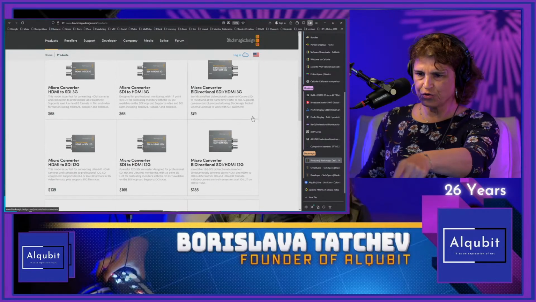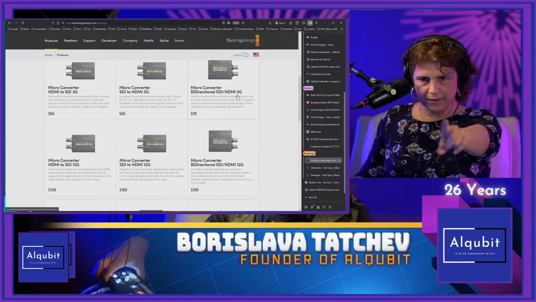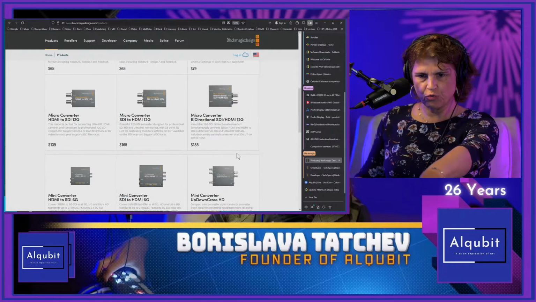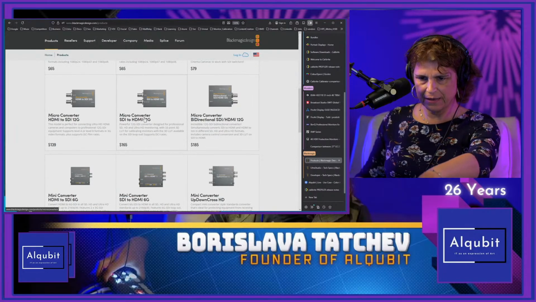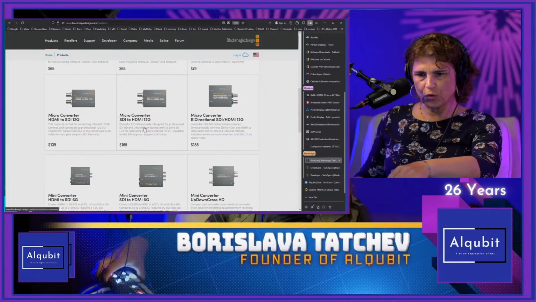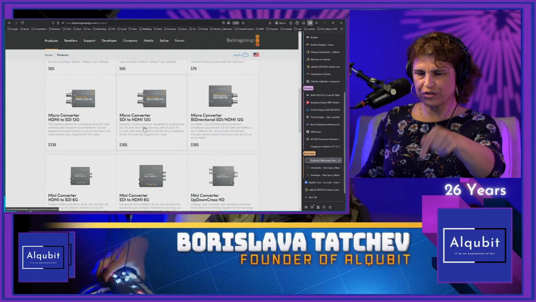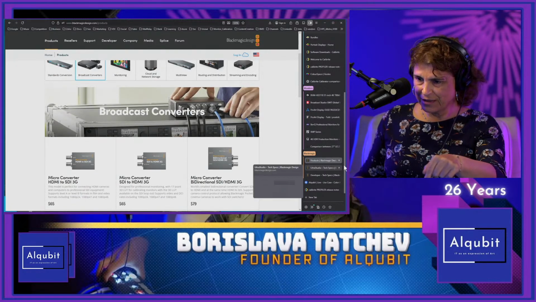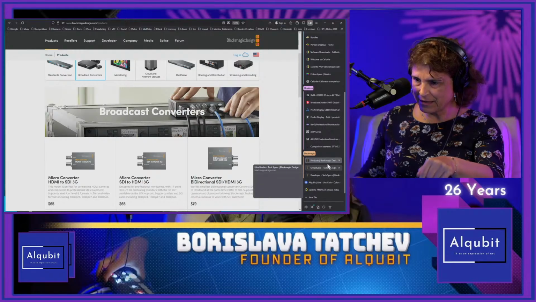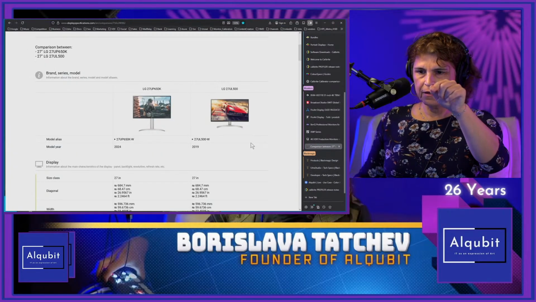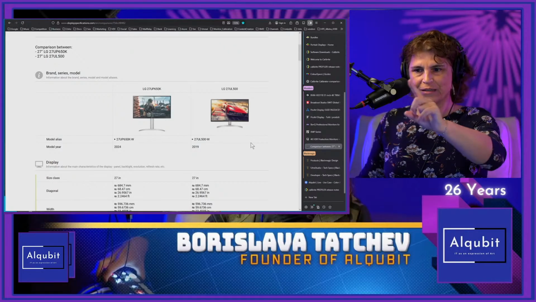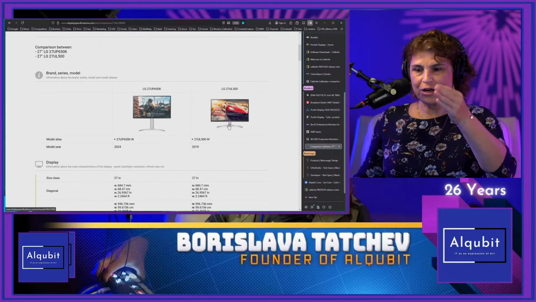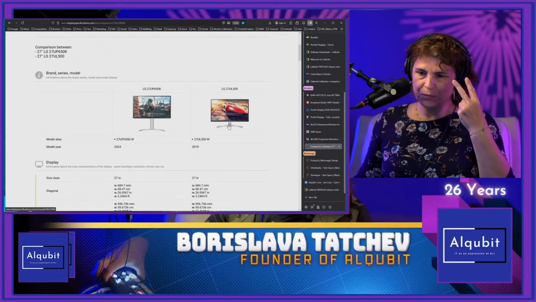Some of those, usually the bidirectional 6G and 12G, and some of the SDI to HDMI converters, have the option to save the LUT inside. The big issue with the monitor is always the same: you cannot change the LUT and have the output be correct.